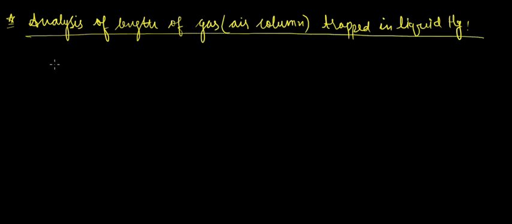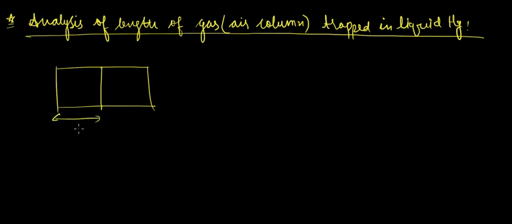So suppose we have a vessel which is partitioned in half, let's say L1 is partitioned, having some gas molecules here, and L2 is partitioned, having some liquid mercury.